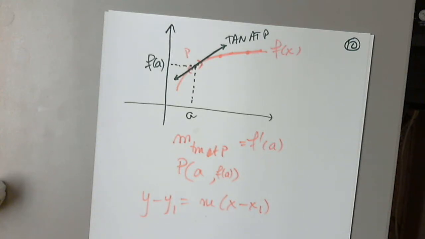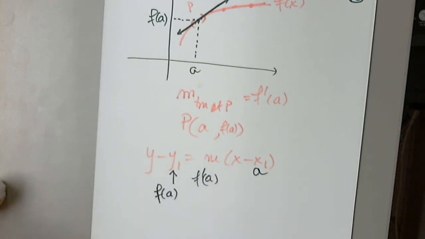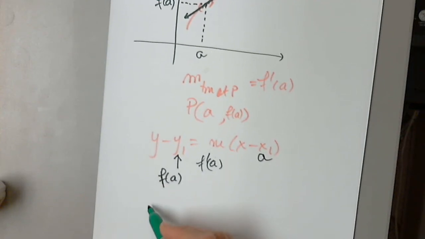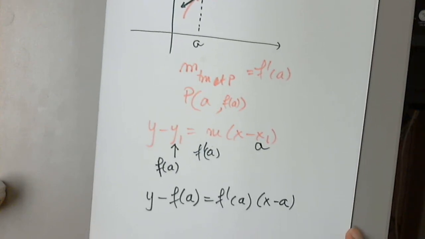So here I have f of a. Here I have f prime of a. And here I have a. Can anyone dictate? Y minus f of a equals f prime of a times x minus a. We agree?